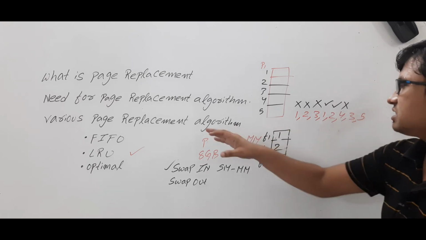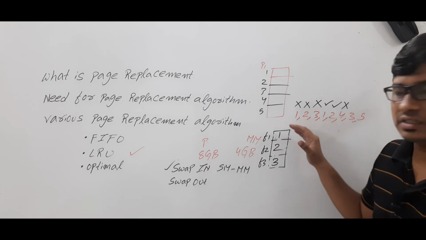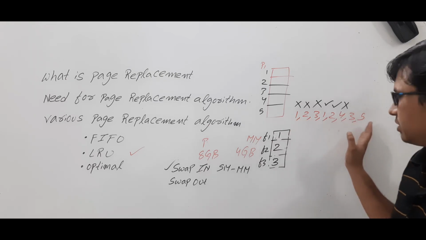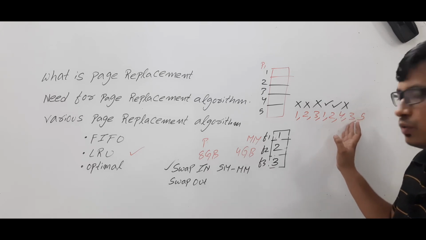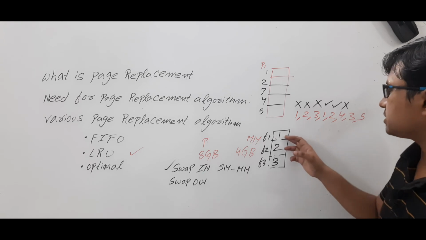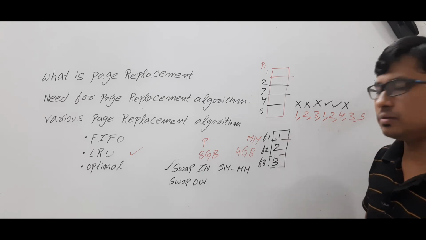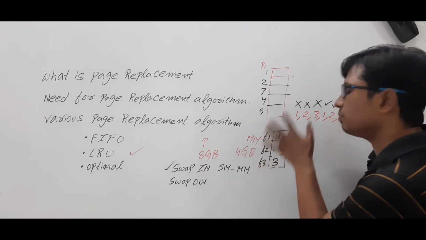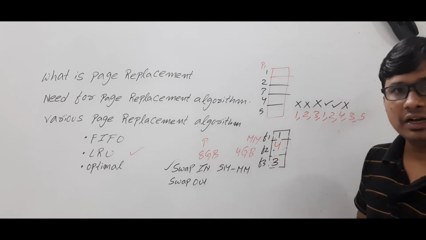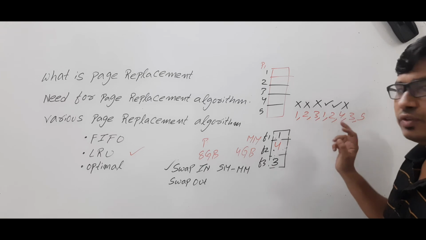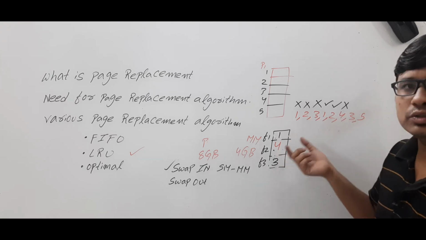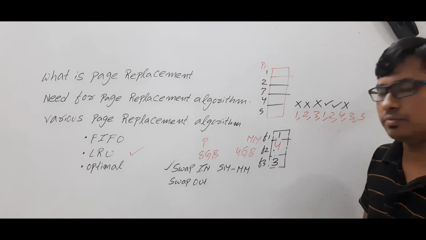If it is LRU, we see the past references, but as it is an optimal page replacement algorithm, we look at the future references. Meaning that now the CPU wants in future page number 3 and page number 5. So the CPU does not need page number 1 and page number 2. You can remove any one of those pages and load page number 4, because the CPU does not need page number 1 and page number 2 in future.